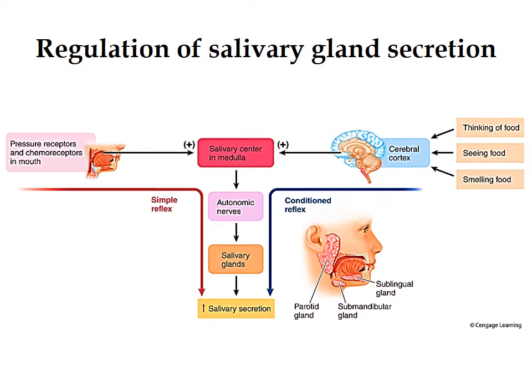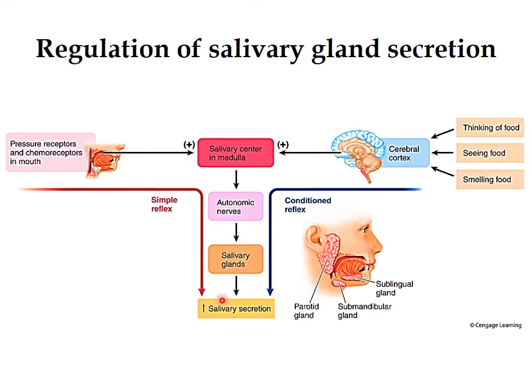These stimuli send information to the salivary center in the medulla, and the salivary center, through the autonomic nerves, sends information to the salivary glands to bring about salivation.